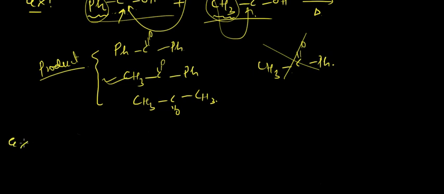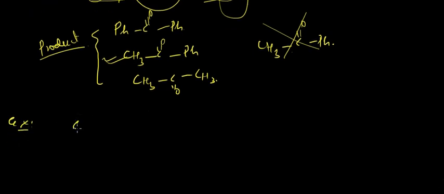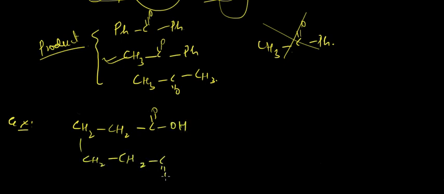What happens in this case when we have something like CH2 C double bond OH and C double bond OH, and we heat it in presence of calcium oxide? So what will we be getting? The first step would still be the same, wherein dehydration takes place.